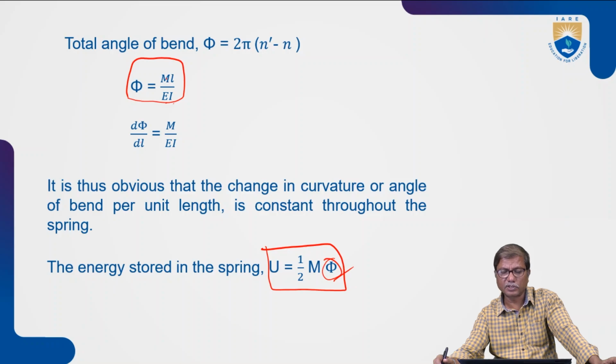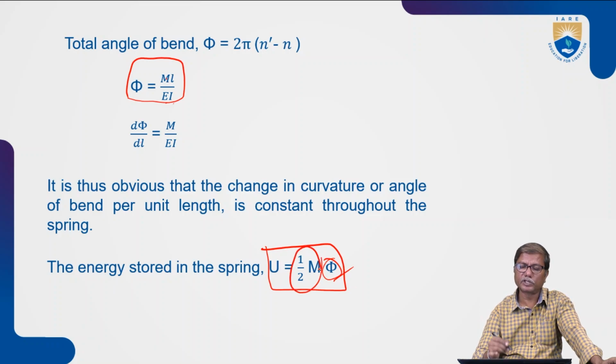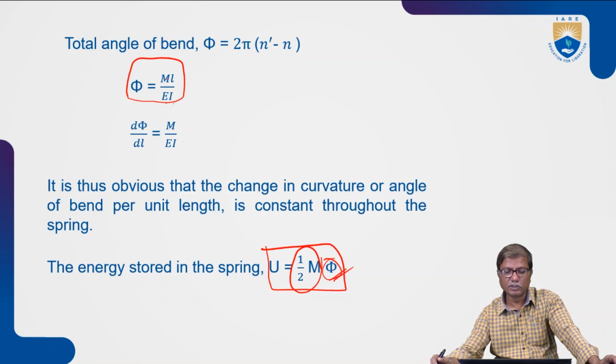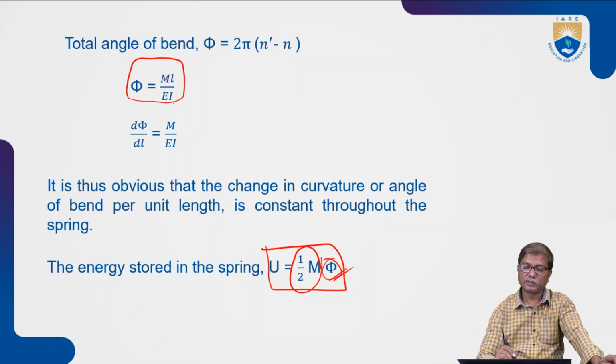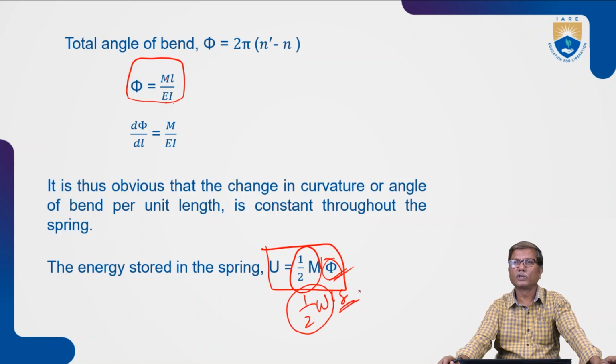That is half into average moment into angle of bend, that gives the strain energy stored. In case of axial force, it is half W average load into displacement delta extension.